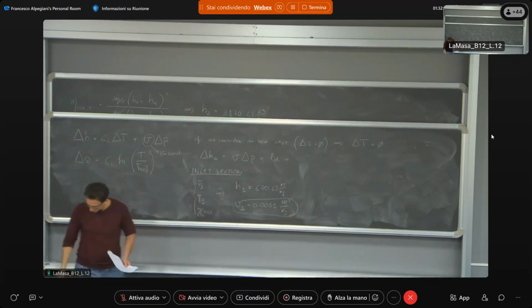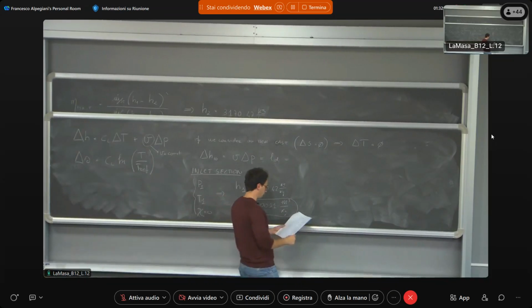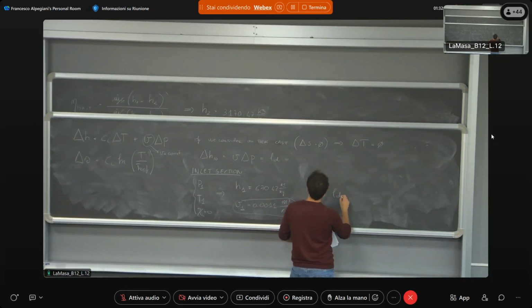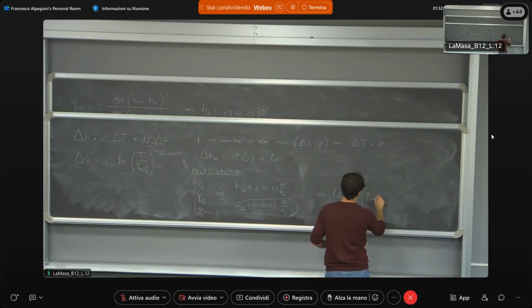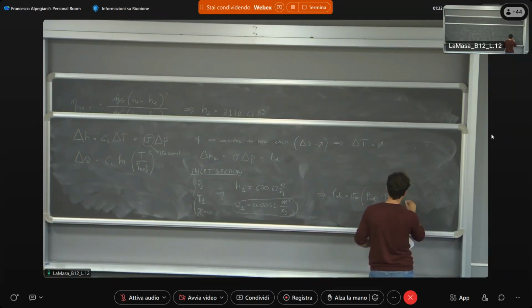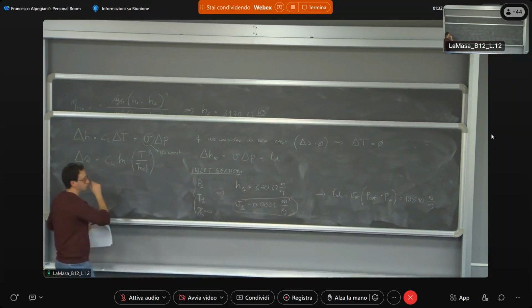The pressure at the outlet is given, equal to 175 bar. So the ideal work will be equal to v in times P out minus P in, and it comes equal to 18,590 kilojoule per kilogram. Okay, it's clear.